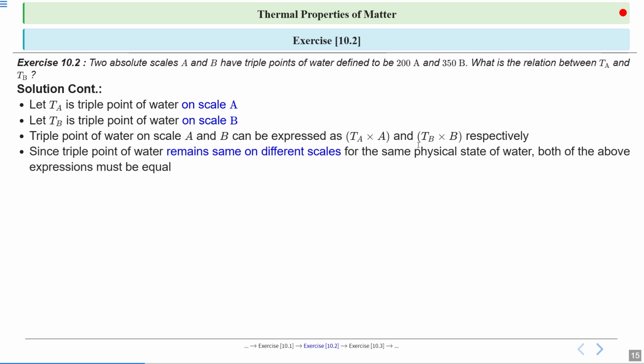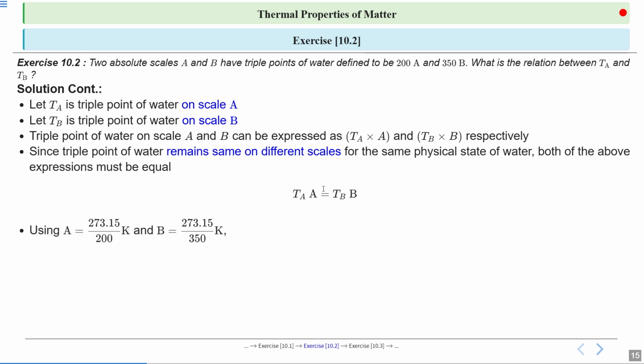The triple point of water remains the same on different scales. So for the same physical state of water, both of the above expressions must be equal. So we can write TA into A is equal to TB into B.